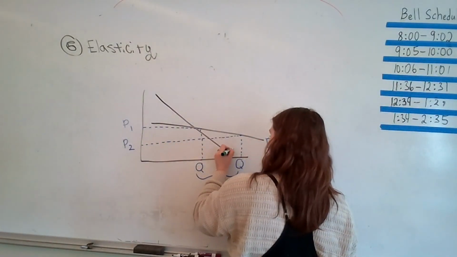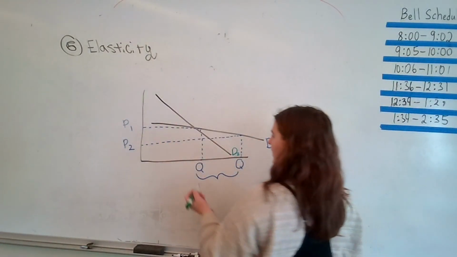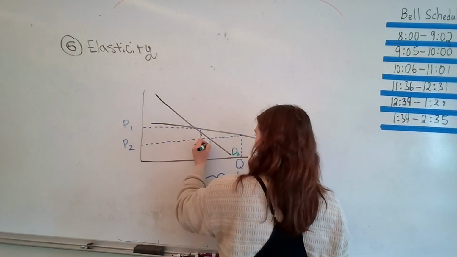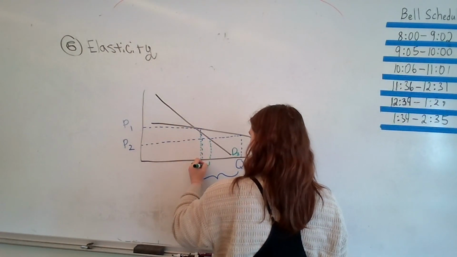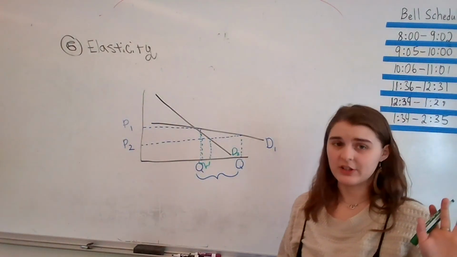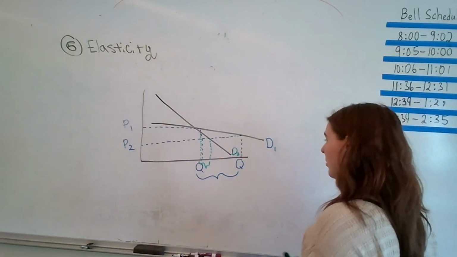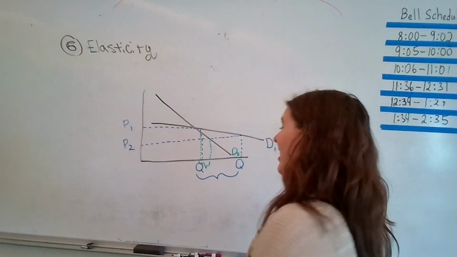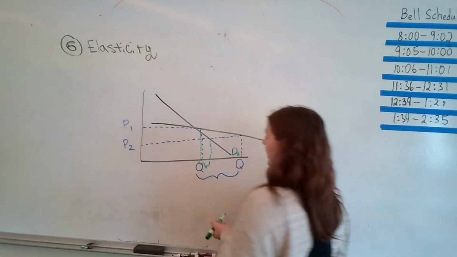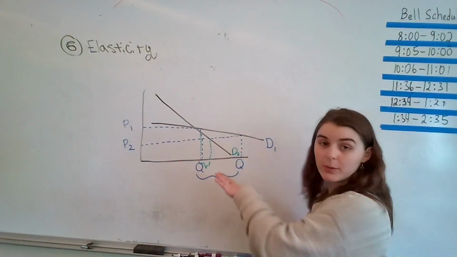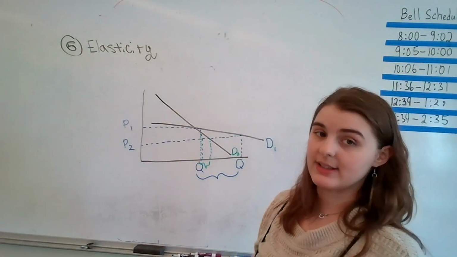At D2, this other line, we're way less responsive. We're way more inelastic. Of course, we change the way we consume when the prices change, but it's definitely not as crazy as when we're very elastic and very responsive. That's what we're measuring when we talk about elasticity.